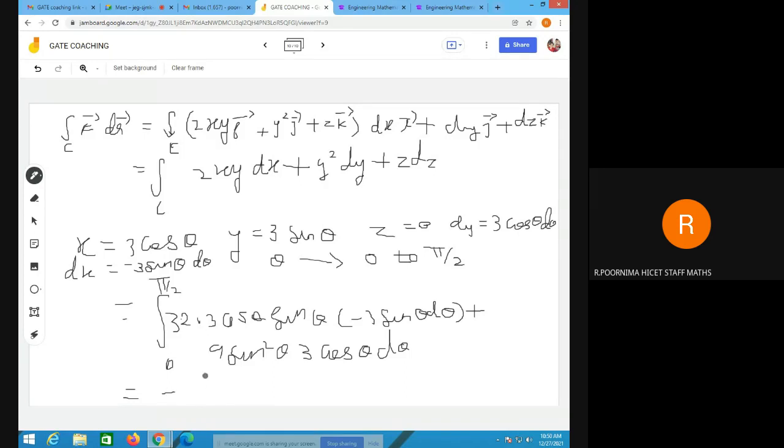We are taking the negative sign outside the integral. One negative sign is there. So integral 0 to pi by 2, 27, all the constants can be multiplied, 27 sin square theta cos theta d theta.